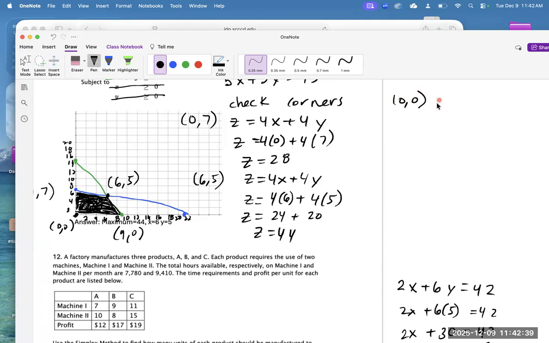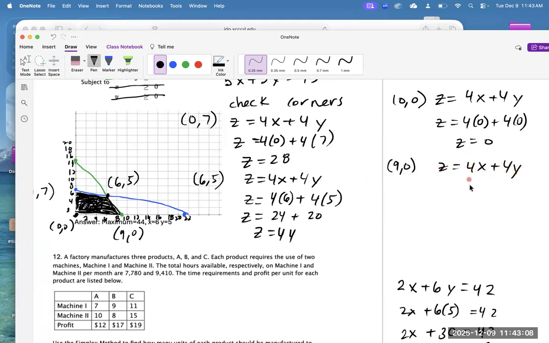I'm going to go ahead and check that just to be complete with this whole process. If this is a minimization problem, I guess 0, 0 would be an important corner. Of course, that gives us a value of 0. And then 9, 0 is our last corner that we need to check, and that gives us 36.